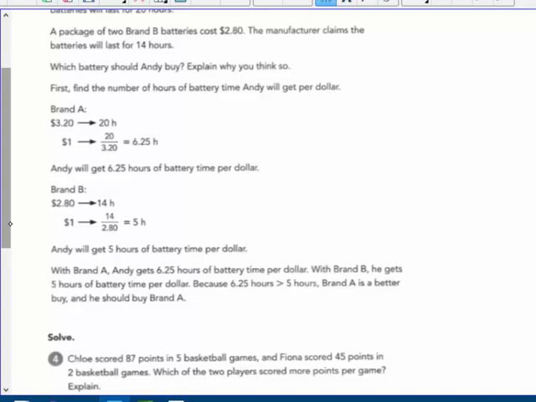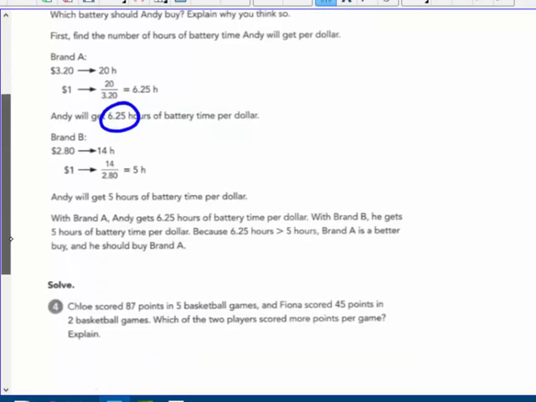Brand B, taking my hours and dividing it by my money, Andy will get 5 hours of battery time per dollar. Well, wouldn't you want to get battery A then if you're going to get 6.25 compared to 5? So with brand A, Andy gets 6.25 hours per dollar. With brand B, he only gets 5 because 6.25 is more than 5. He should definitely buy brand A. Brand A has more hours per dollar that you're paying.